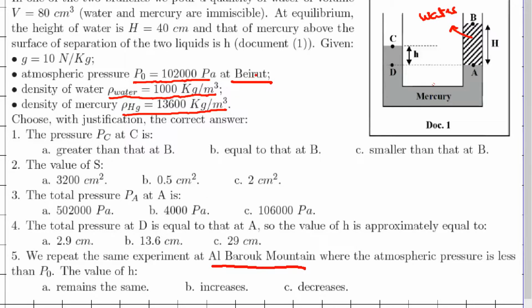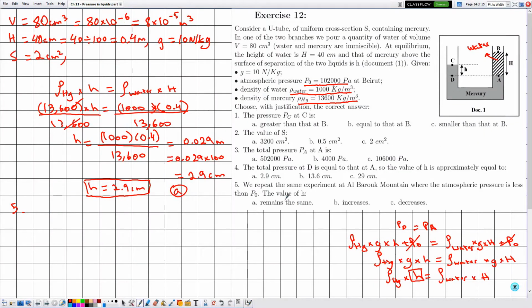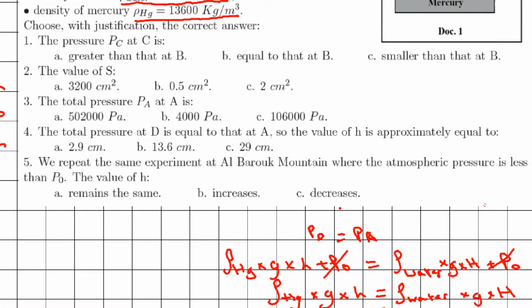So notice that Beirut compared to this mountain is located at a horizontal level which is lower. So for this reason the pressure at Beirut is greater than the pressure at Al Barouk mountain. For this reason here the pressure is less than that of P0. They are asking me again about the value of h. So does it remain the same, increases or decreases?